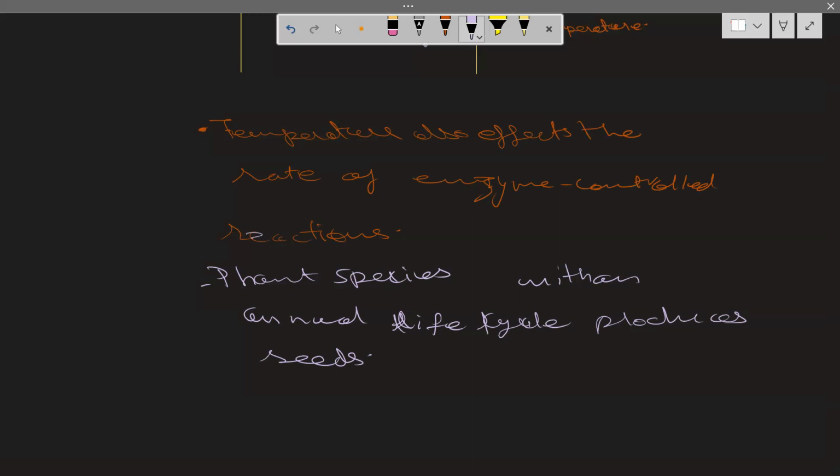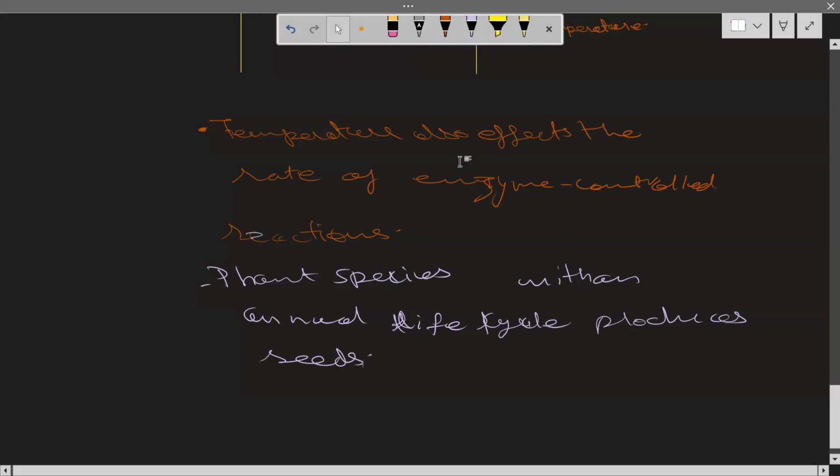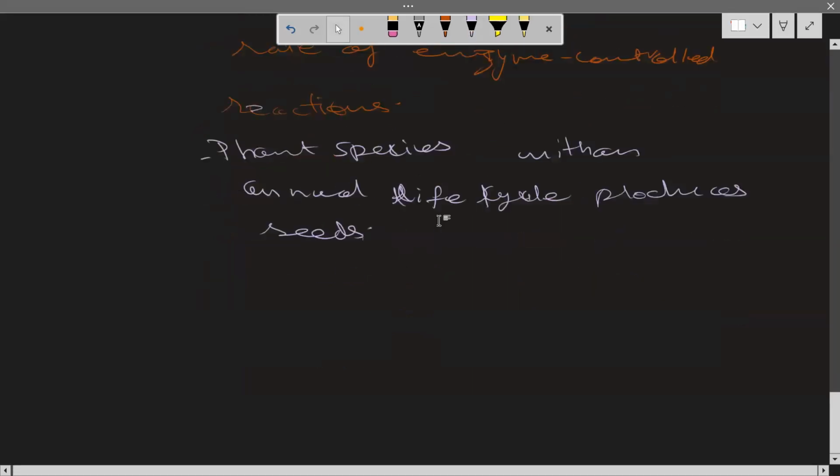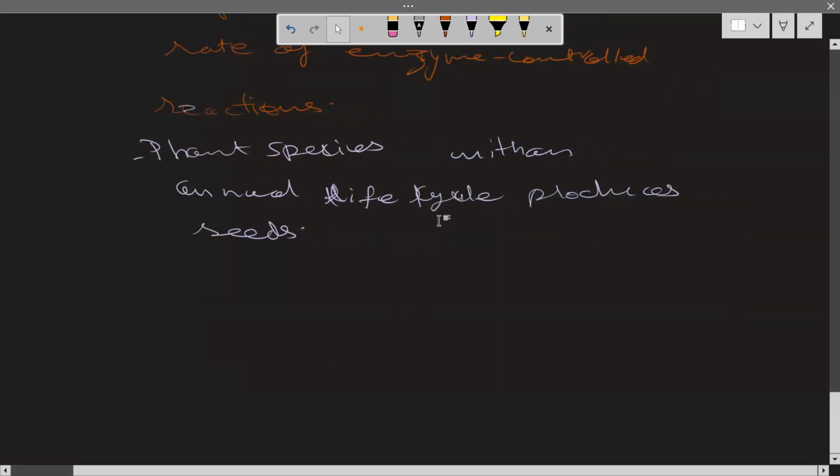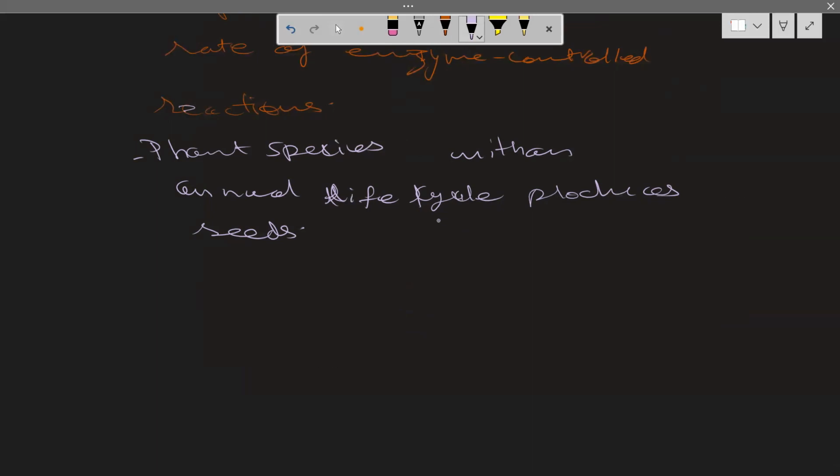It means that some plants just produce seeds, and they lie dormant. Like in the rainy season, we may see that some seeds are floating on a pond or in a lake or in a stored water area like dams.